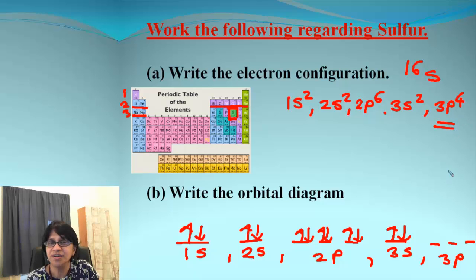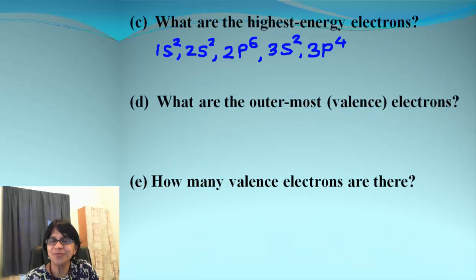And then I look at 3p4. We have 4 electrons and we have 3 orbitals. 1 electron goes into each of the orbitals, and then the 4th, which is remaining, will be paired like this. So this is what we got for sulfur as our configuration.